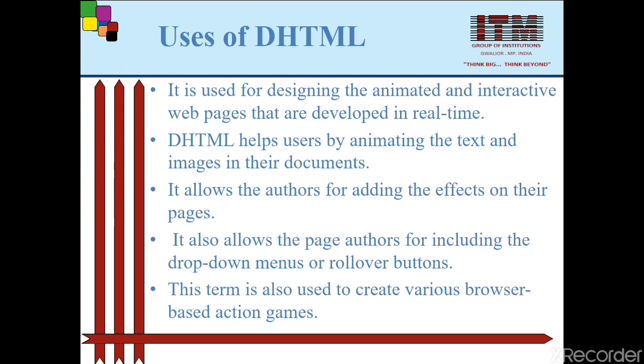And there are some uses of DHTML. So first, DHTML is used for designing animated and interactive web pages that are developed in real time. DHTML helps users by animating the text and images in their documents, and it allows the authors to add effects on their pages.